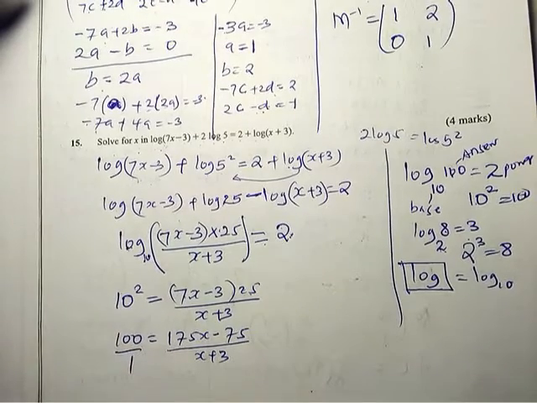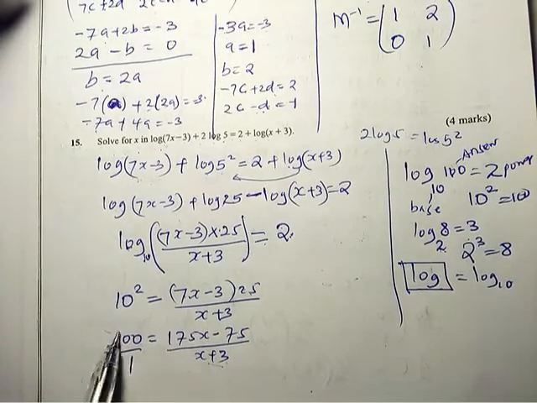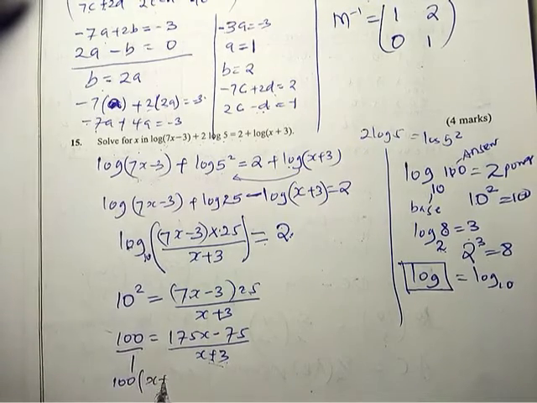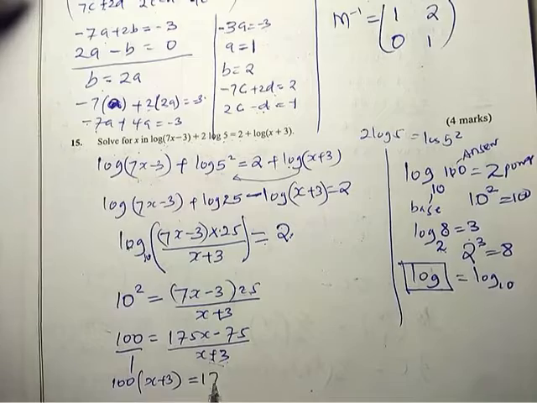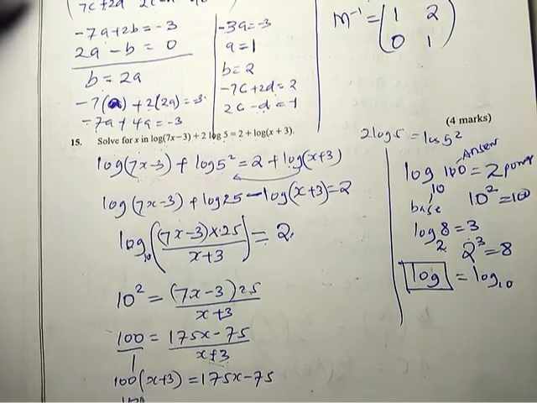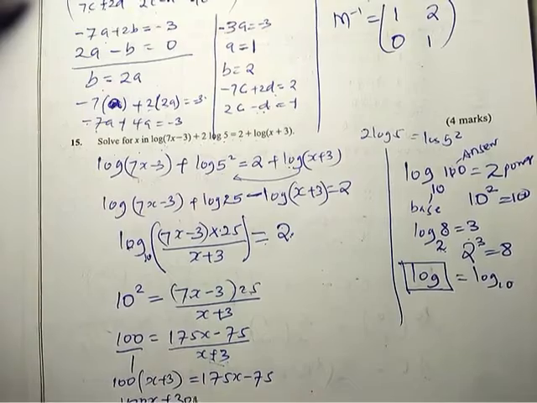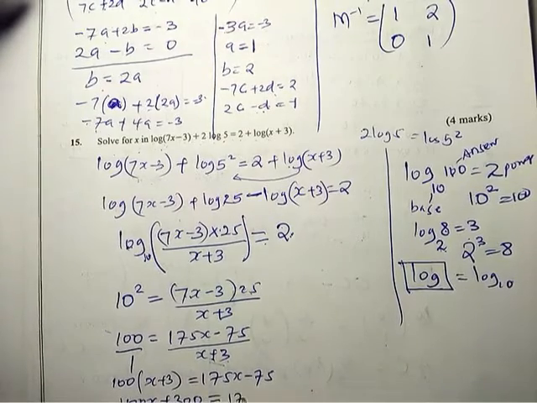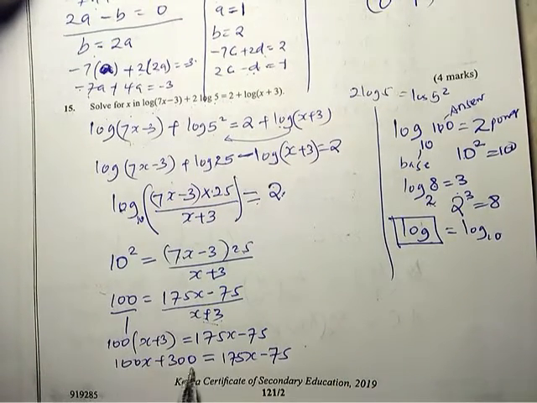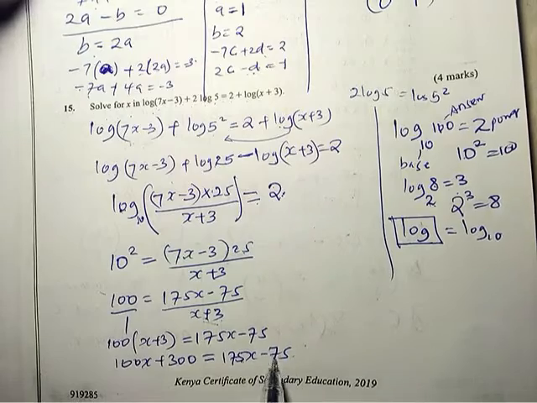If you put the 100 here, you put it over 1, so we do cross multiplication. So we will have 100 into x plus 3 is equal to 175x minus 75. This is 100x plus 300 is equal to 175x minus 75. Like terms together, this x goes this side.